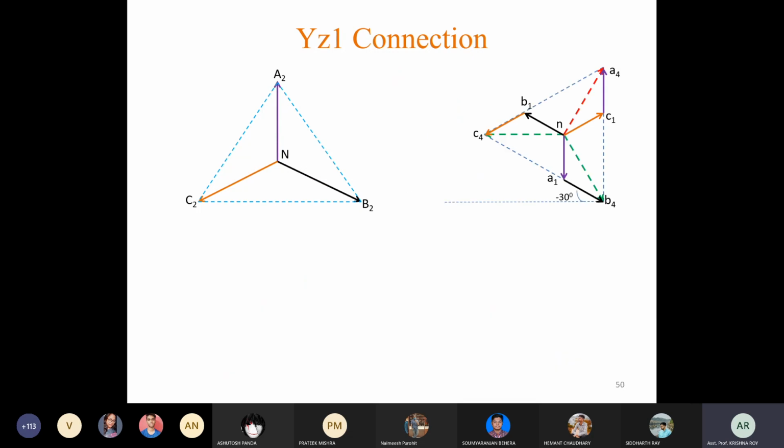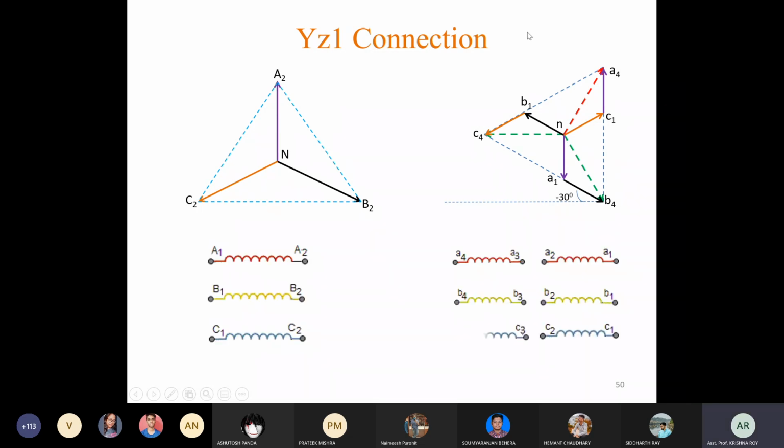So this is our phasor diagram. Based on this, we have to draw the connection diagram. Primary side is very simple. We need to short all the 1 terminals, and secondary side we have to draw as per this phasor diagram. So all the coils are given. All 1 terminals are shorted here.